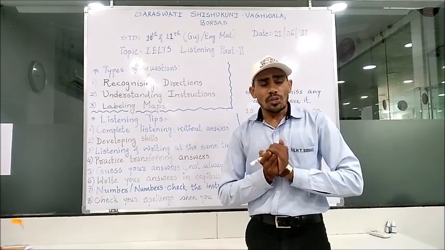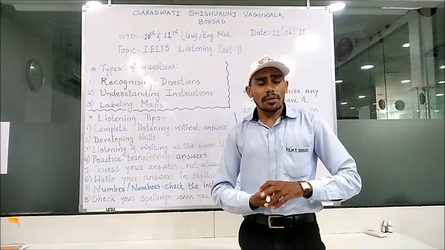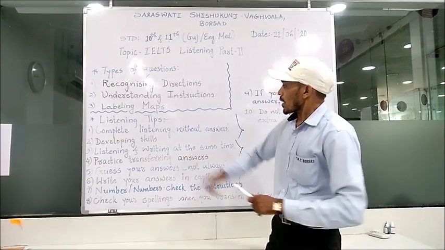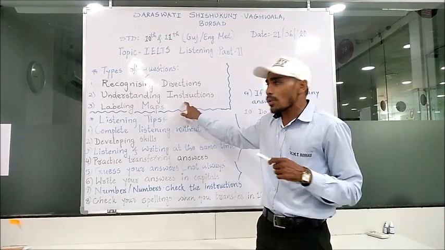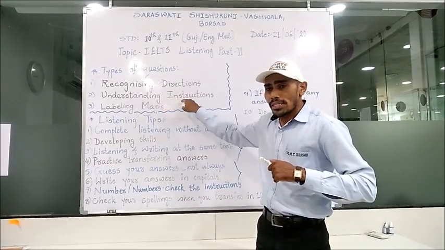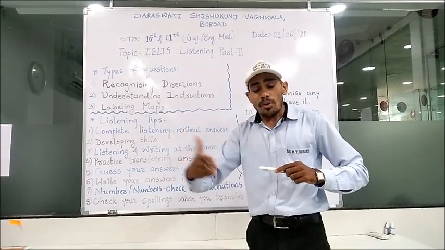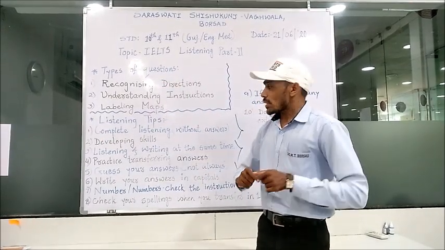When you listen very carefully, the direction is mentioned in the conversation, and only then can you understand what instructions are given by the person. So you need to understand instructions carefully, and then you need to go place by place on the map, and then you can get the answer.